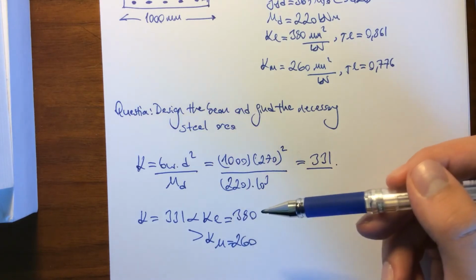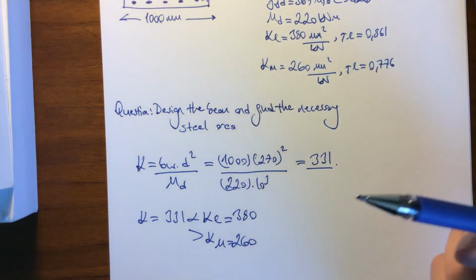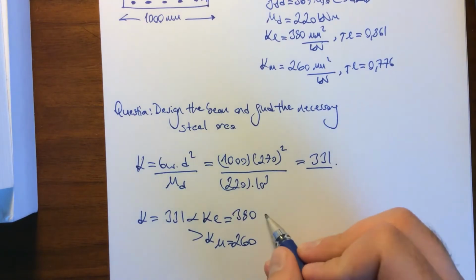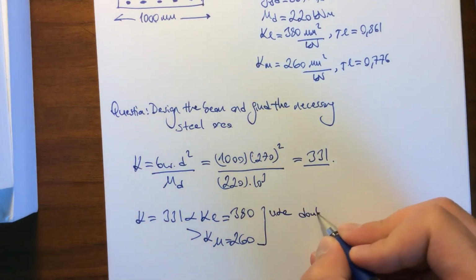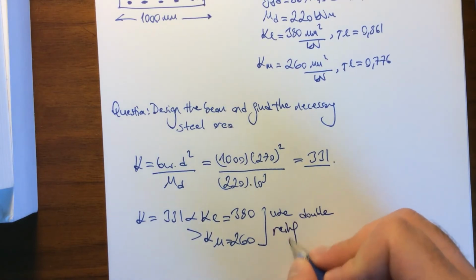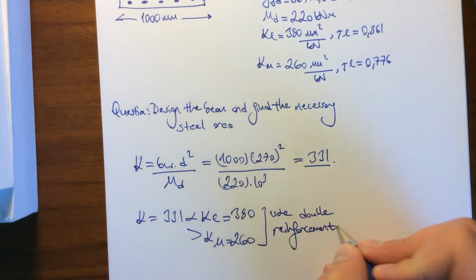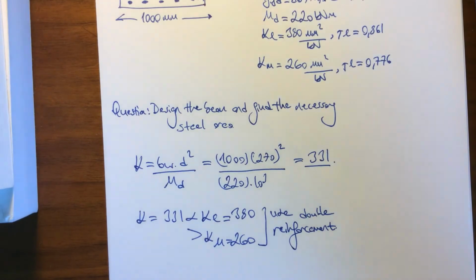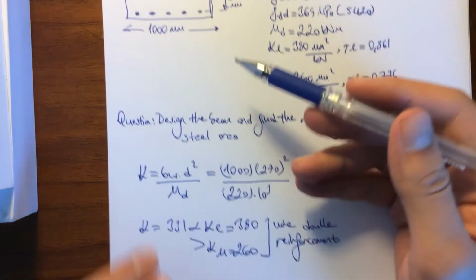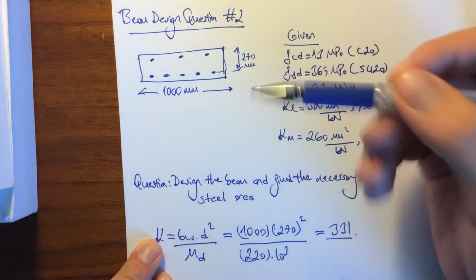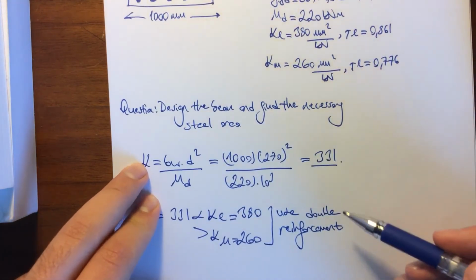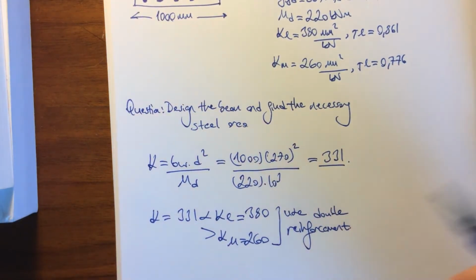So what we need to do here is recall from our memory that we need to use double reinforcement in this question. What do we mean by double reinforcement? Well, it means we need to have steel reinforcement both in the tension zone and in the compression zone. So this is the meaning of the usage of double reinforcement.